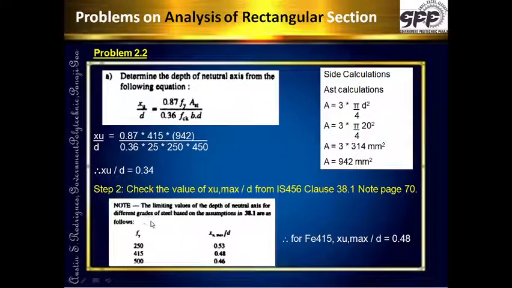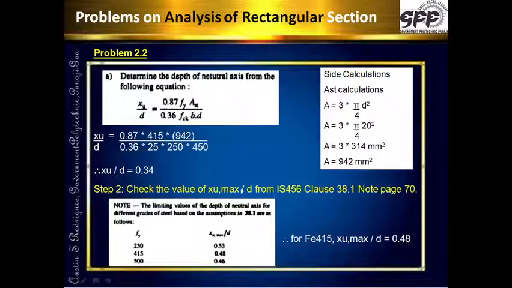Please remember, as I have mentioned earlier, these values Xu max/d are dependent only on the type of steel. They are independent of the type of concrete. So based on the type of steel we get the value. Since it is Fe415, where the yield stress is 415, the value of Xu max/d is 0.48.